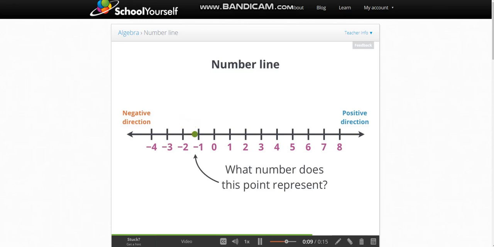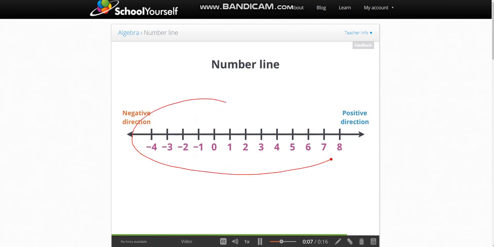This dot seems to be closer to -1 than it is to -2. So give this question another shot. Excellent work! It turns out that this point represents -1.25. So the number line is a graphical, or visual, way to represent all the numbers, and we'll be using number lines, also known as axes, all throughout algebra.